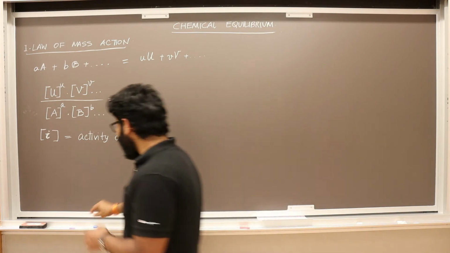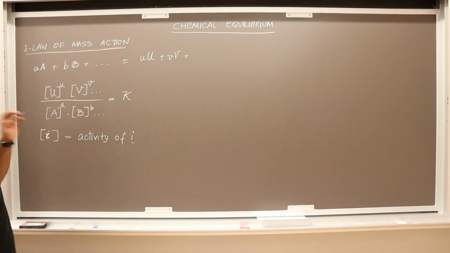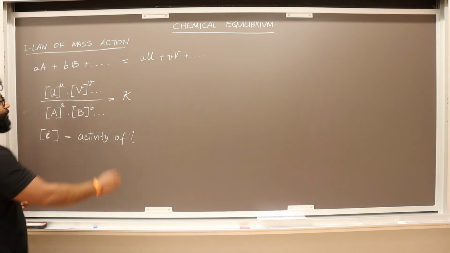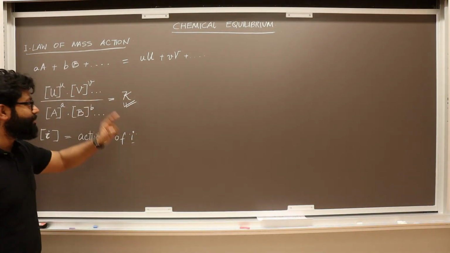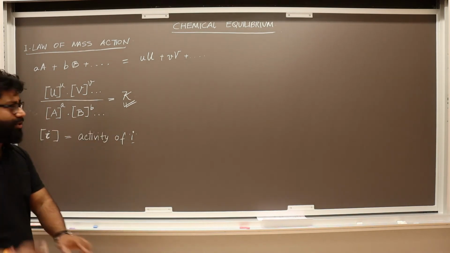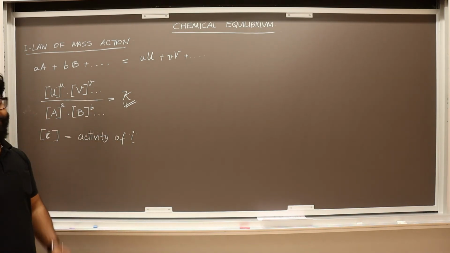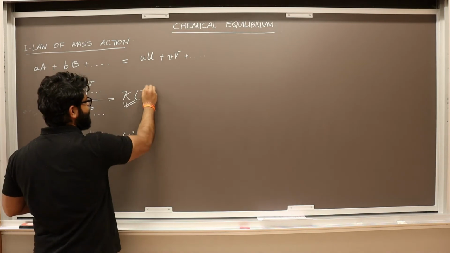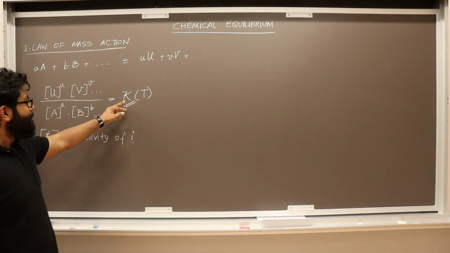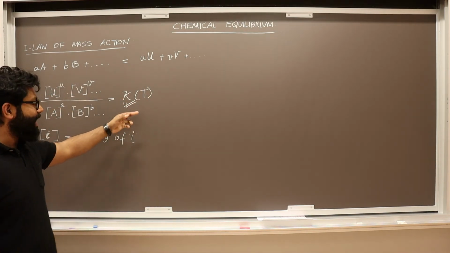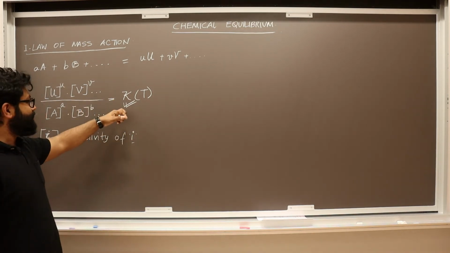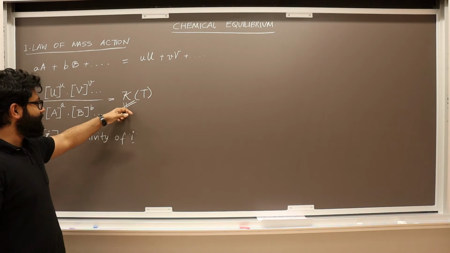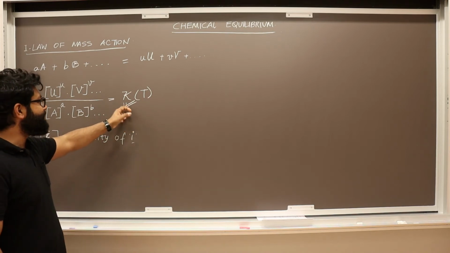Now, when you get all the activities, we saw that if the system is at equilibrium at a fixed temperature, this ratio will be fixed. When you change the temperature, this changes. So whatever that ratio is, we'll call that the chemical equilibrium constant, K. That quantity, the equilibrium constant, is a function of temperature.